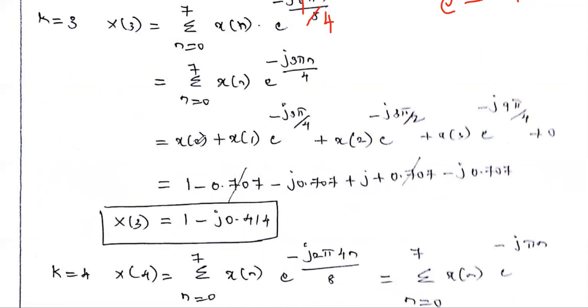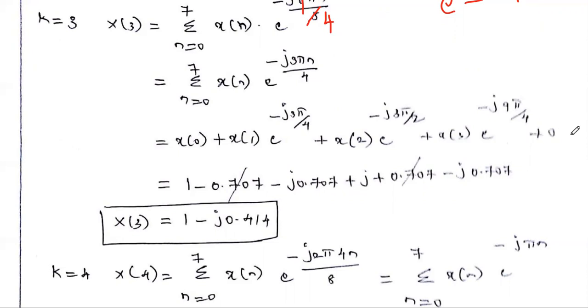So x of 0 plus, if you substitute n equal to 1, x of 1 into e power minus j 3 pi by 4. Similarly, plus x of 2 into e power minus j 3 pi 2 by 4. So 2, 4 if you cancel, we get e power minus j 3 pi by 2. Similarly, x of 3 into e power minus j 3 pi 3 by 4, so 3 into 3, 9, 9 pi by 4.